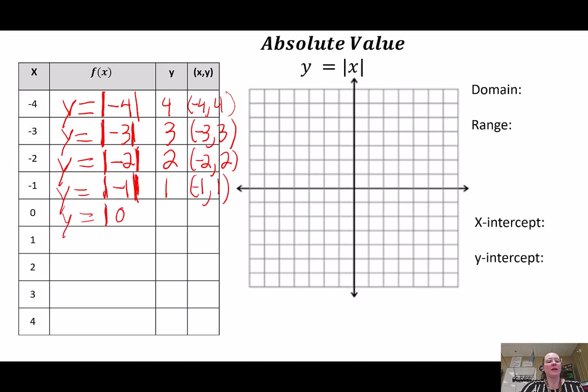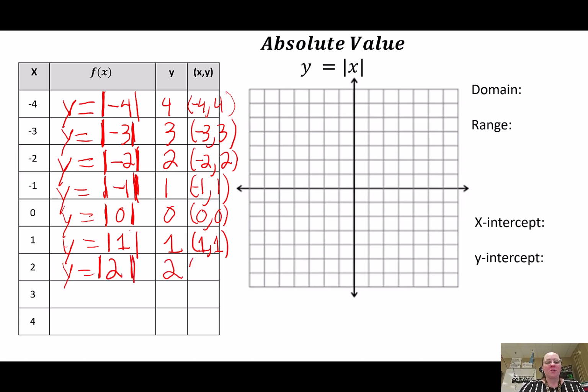Again, just keep plugging in those values. Absolute value of 0 is 0. Absolute value of 1. Okay. All right, so plugging in 2 for x, we get 2 out. Plug in absolute value of 3.